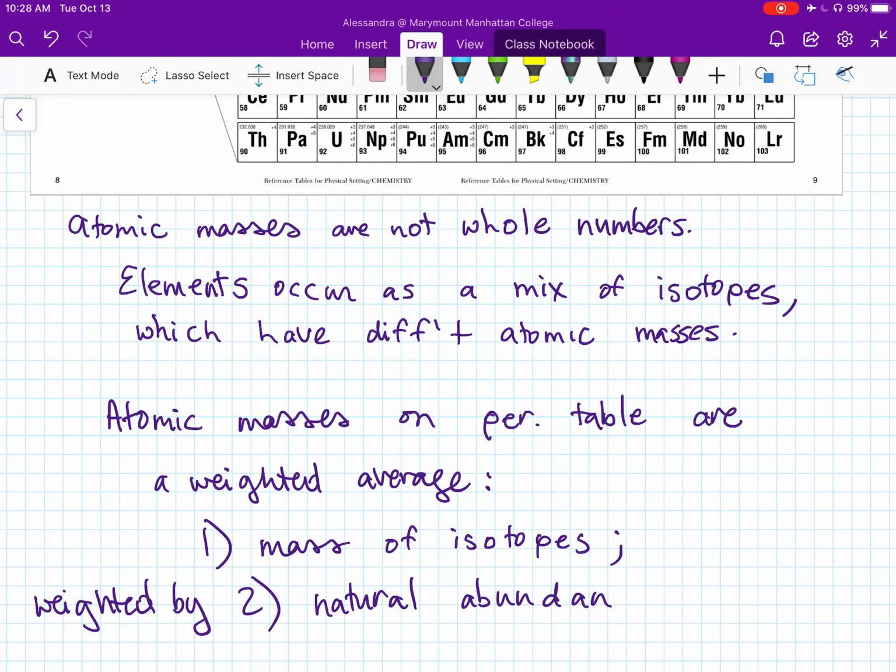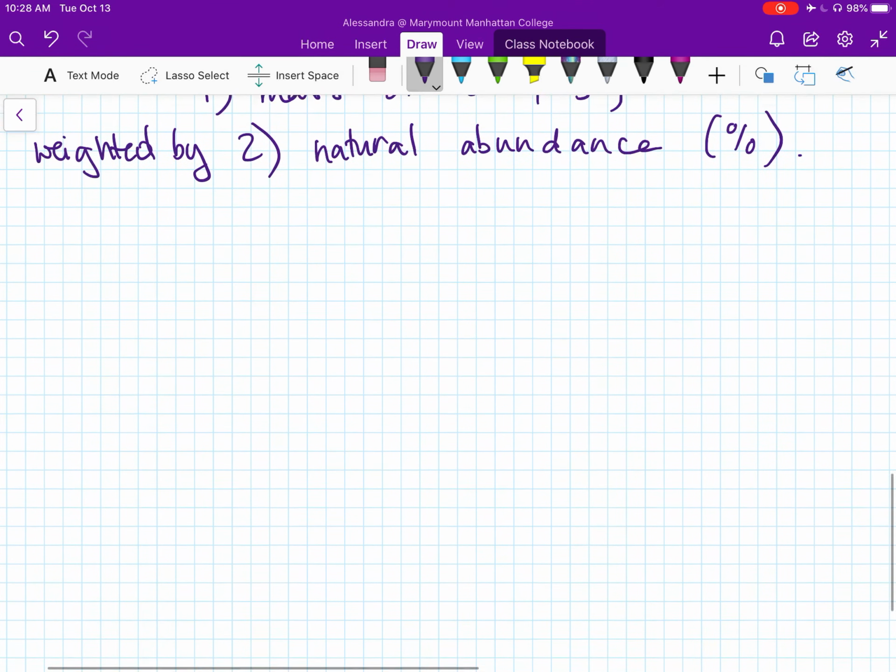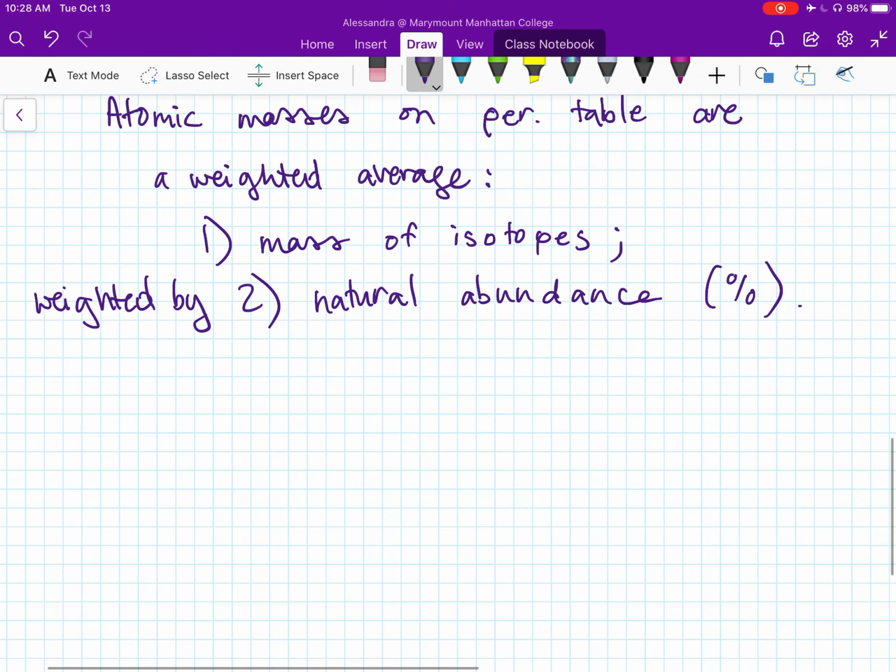Okay, so you can say, okay, this element exists as, whatever percentage of this one isotope in nature. So let's do an example of that so you can see what I mean by this weighted average business.